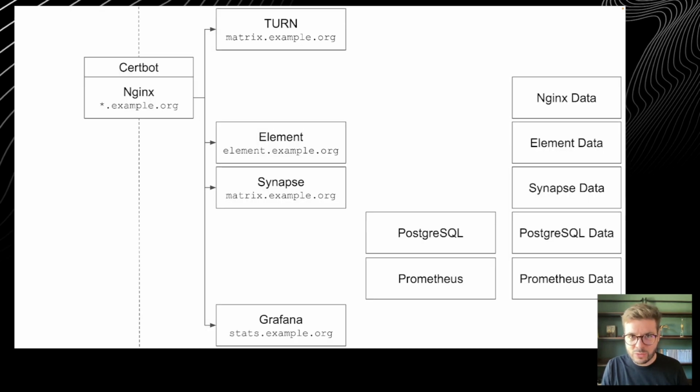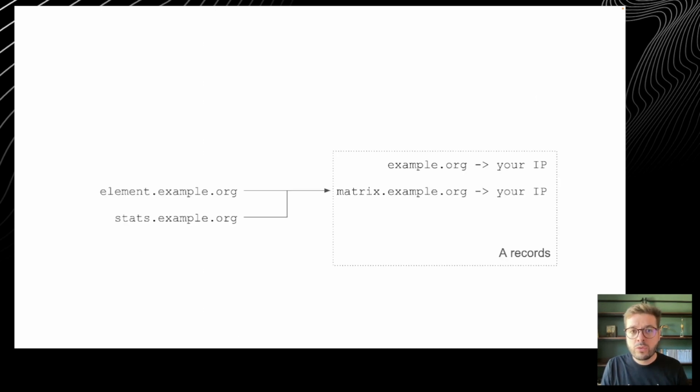So let's do it. This is the architecture we're going to deploy, and those are the domain names we need to set up. The two on the right are A records. They translate the domain name into the IP of our server. The two on the left are CNAME records. You could consider them like domain redirections.